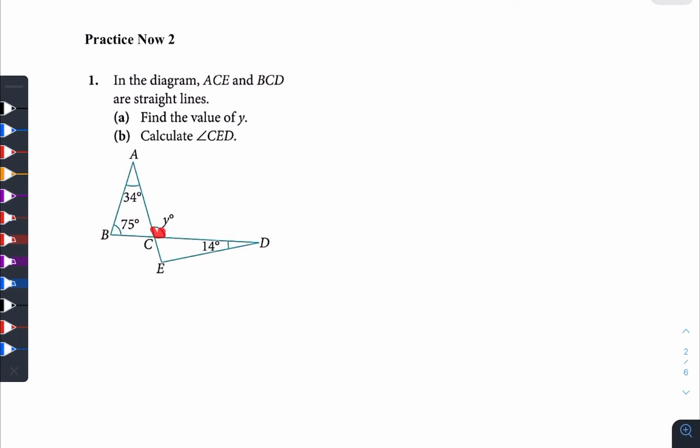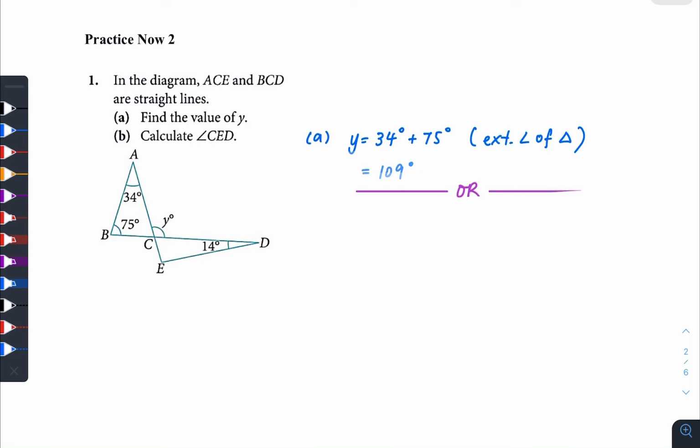So this exterior angle is going to be equal to 34 plus 75. So we can write this down where y is equal to 34 plus 75 straight away, and then we have to write down the reason, exterior angle of a triangle, and because of that we can add this up to 109 degrees.